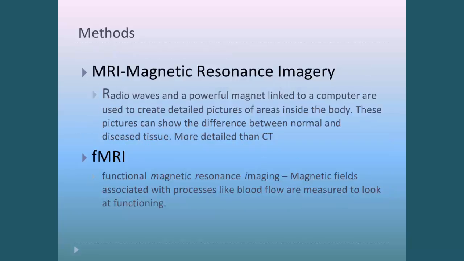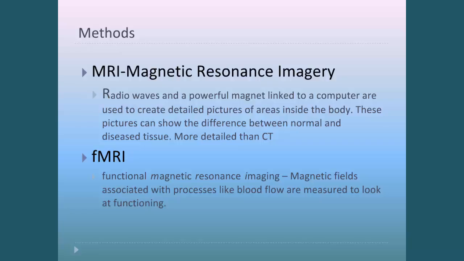Then we have an MRI, magnetic resonance imagery, and these use radio waves, and a powerful magnet linked to a computer, and it creates a really detailed picture of areas inside the body, and these pictures really show the difference between normal and diseased tissue.